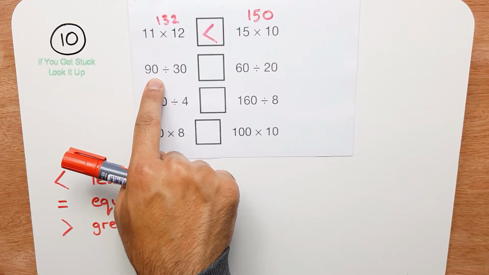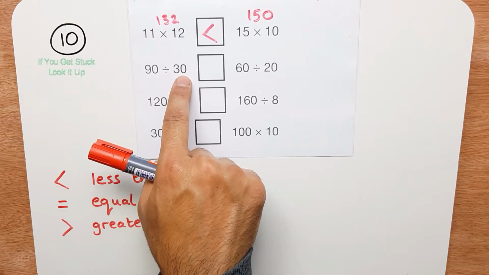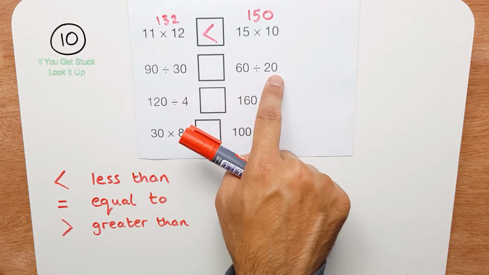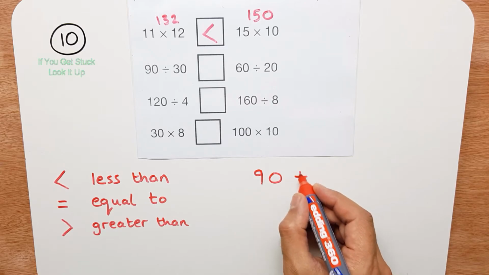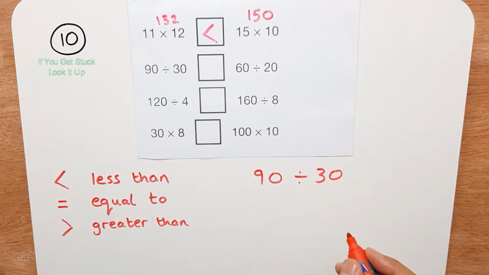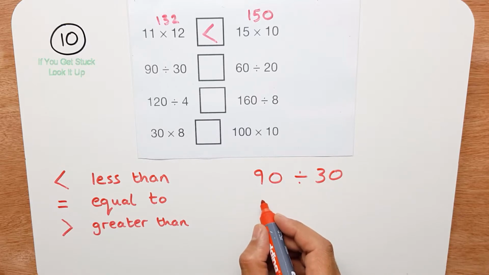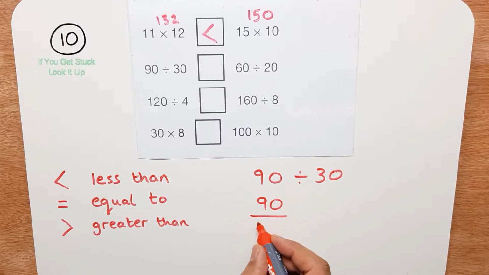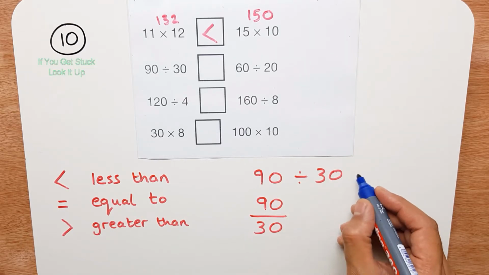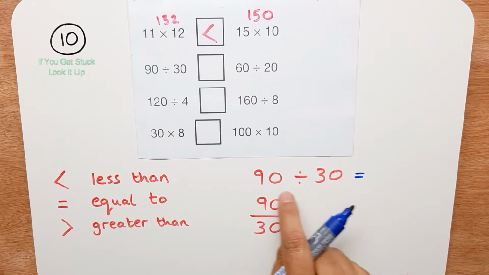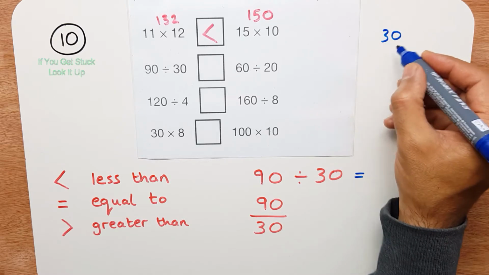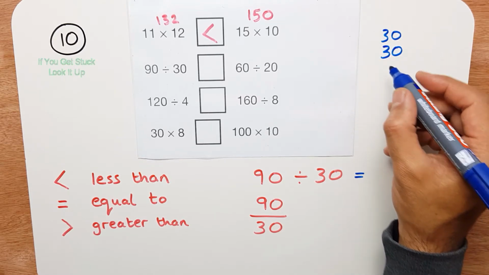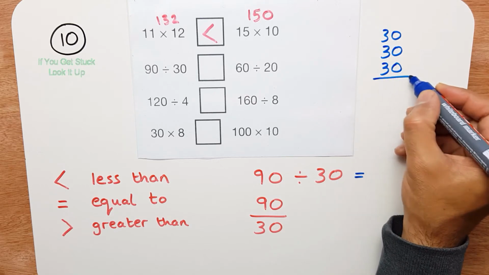In the second statement, we have 90 divided by 30 and 60 divided by 20. So let me write this down. 90 divided by 30. I can write it as a fraction to help me. Now if I did it this way, how many 30s are there in 90? 30 plus 30 is 60, plus 30 is 90.